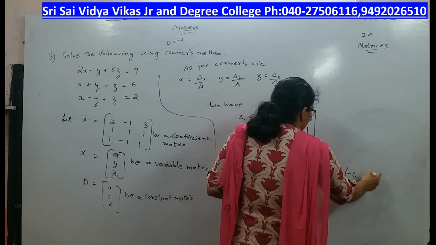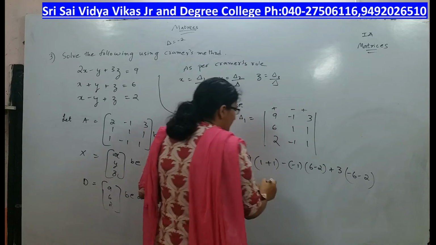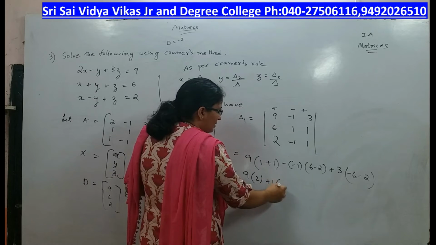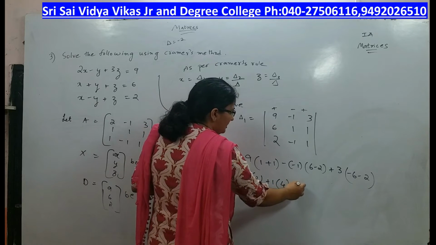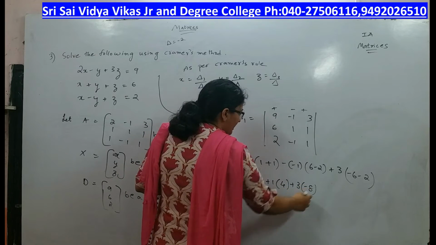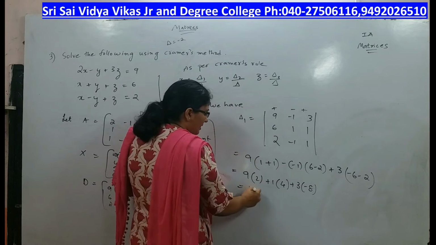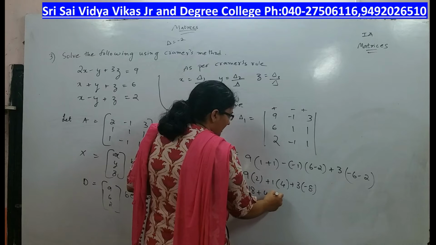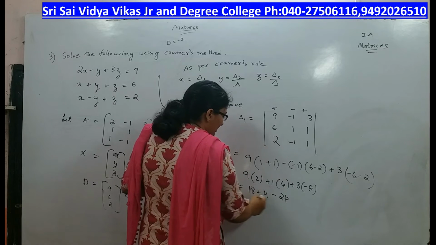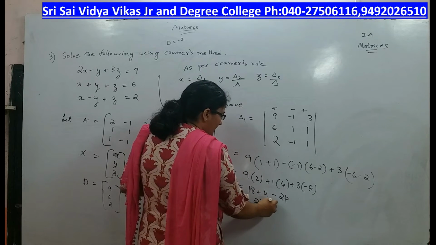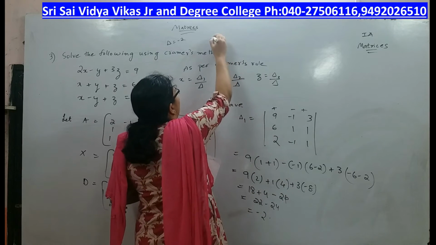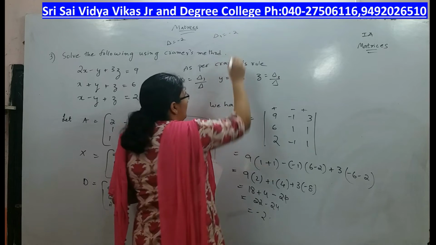So this is 9 into 2 plus 1 into 4 plus 3 into minus 8, 18 plus 4 minus 24. This is 22 minus 24, which is minus 2. So delta 1 value is minus 2.